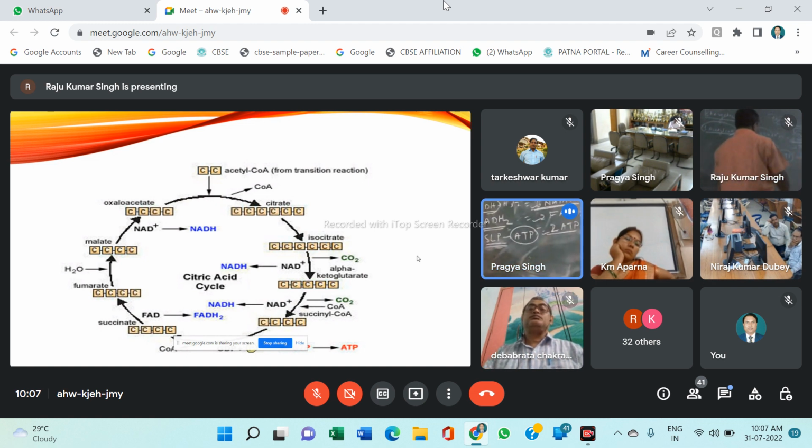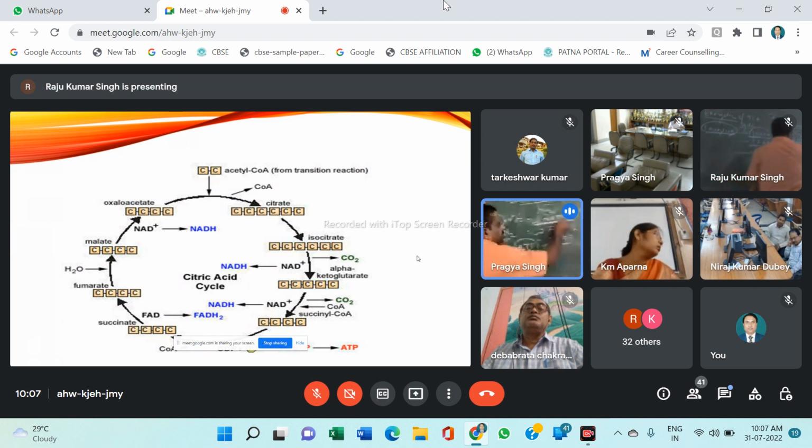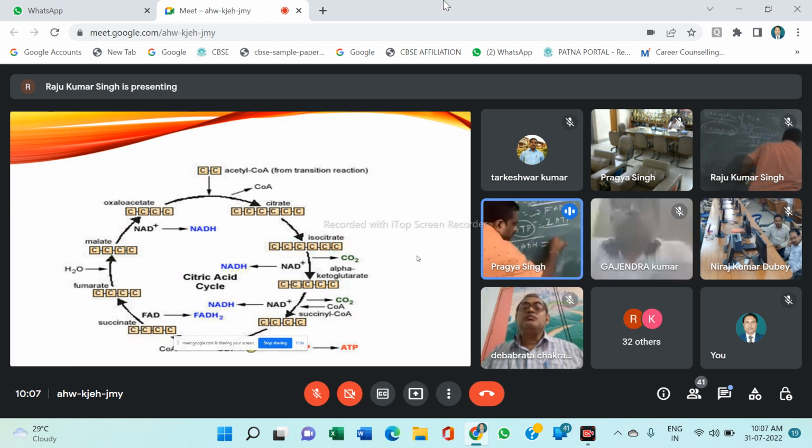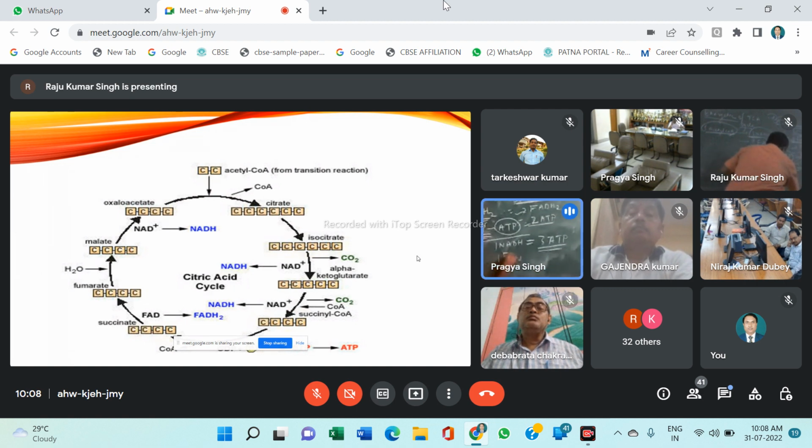And we know that 1 NADH, if we talk about 1 NADH, they are forming 3 ATP. And 1 FADH2, they are forming 2 ATP.